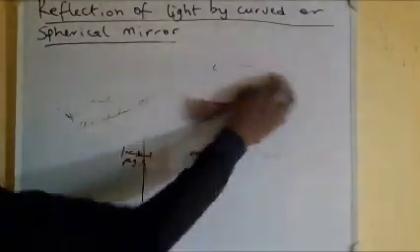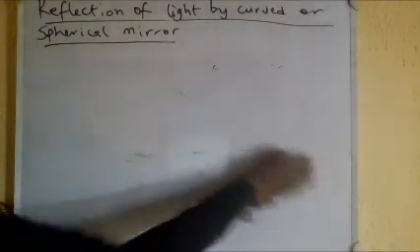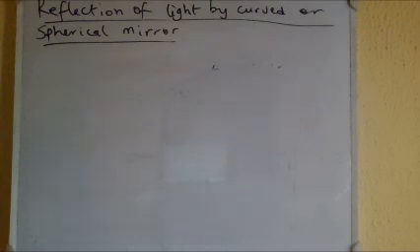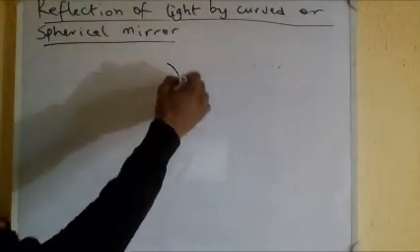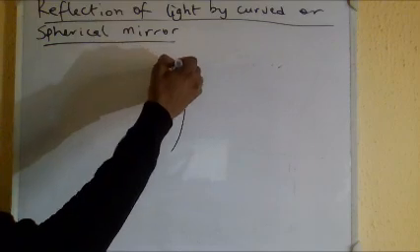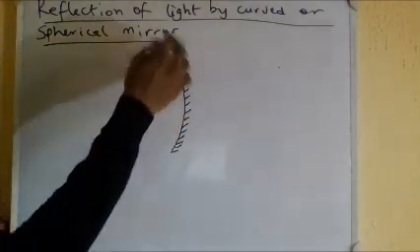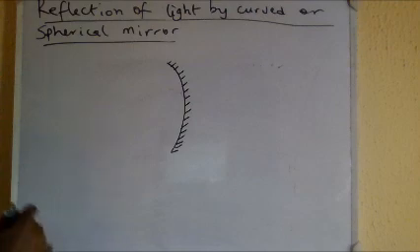The video is going to be exciting because we're going to be looking at the world of curved or spherical mirrors. A curved mirror is actually a mirror that is curved. There are two types. This is a mirror. I told you a mirror is just a glass that has a coating at the back.